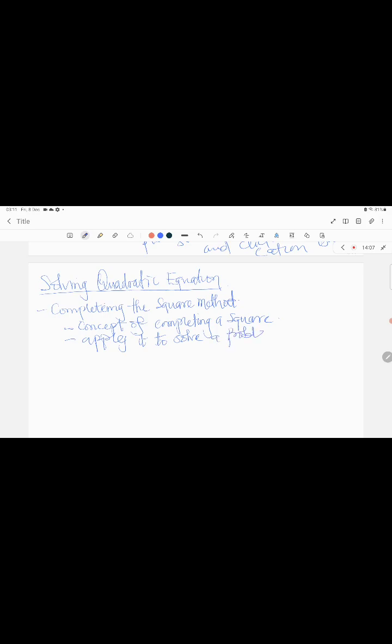So I'm going to give the basic steps of completing a square.